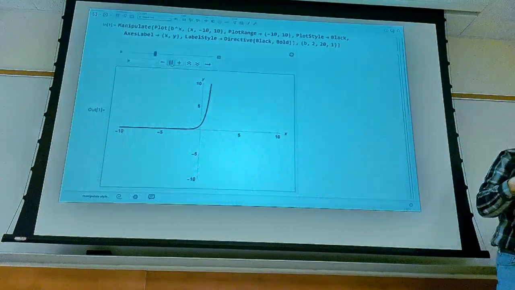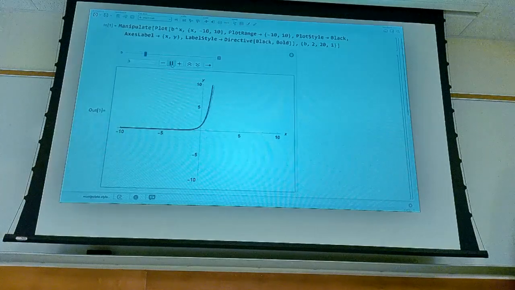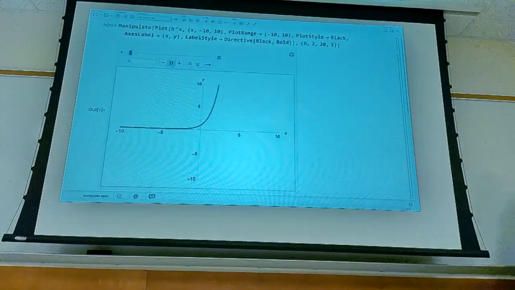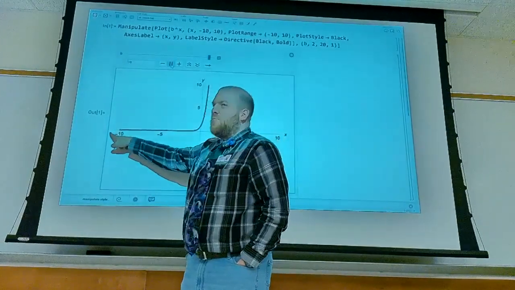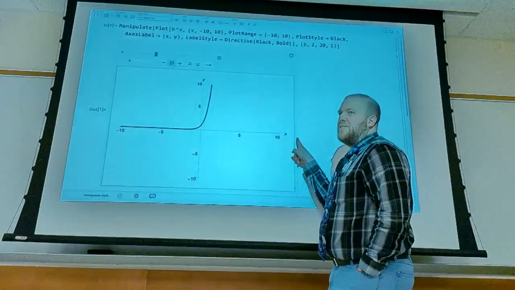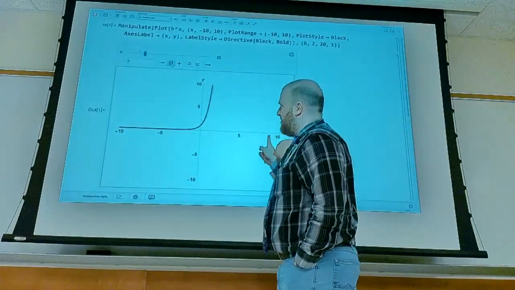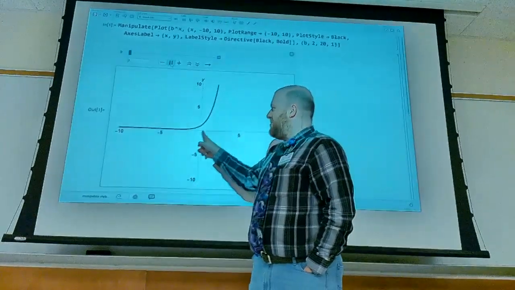Range is 0 to infinity. Is 0 included? No. Which means y equals 0 is what? That line is called what?